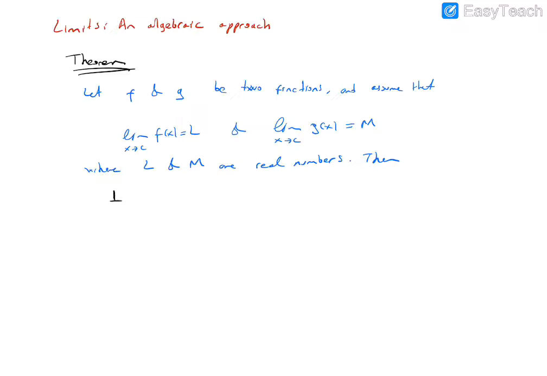First one, limit of the constant function, which is key, as x approaches c is not important here, always is correct, equals q. So for any constant q.